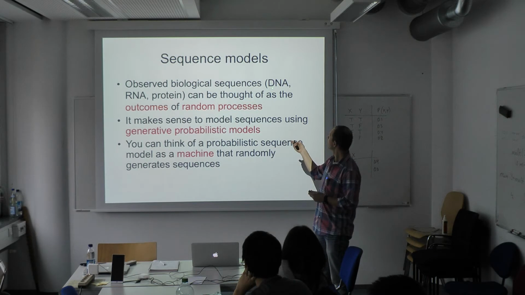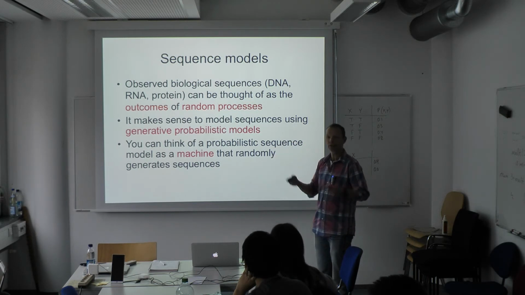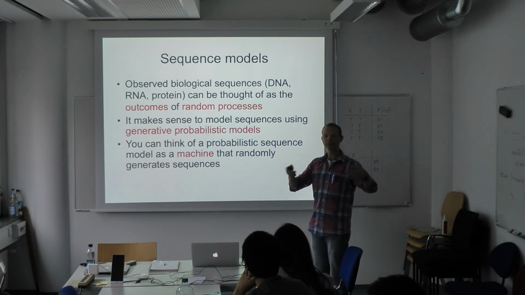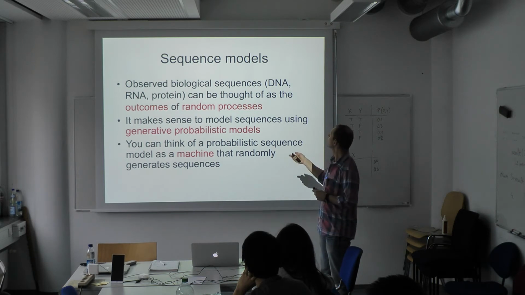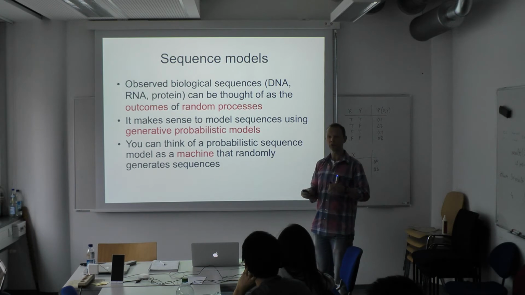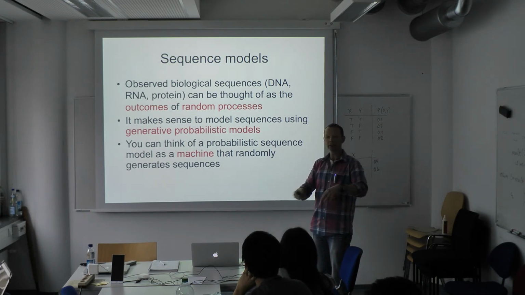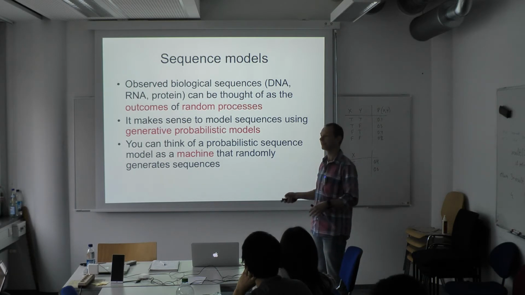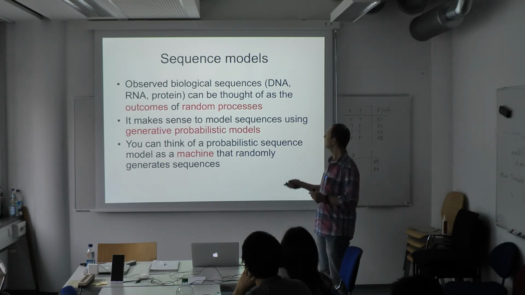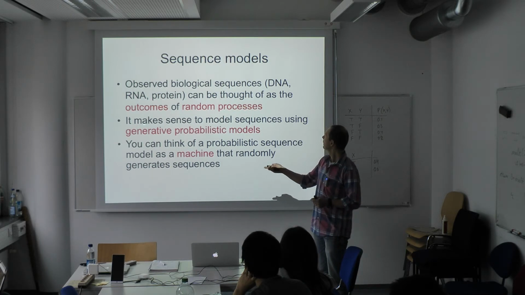So biological sequences, DNA, RNA, or proteins, doesn't matter, or if you prefer text, natural language, English, or German, can be thought of as outcomes of random processes. You have a monkey typing on a typewriter and producing the works of Shakespeare, okay? With a very small probability, but it can happen.